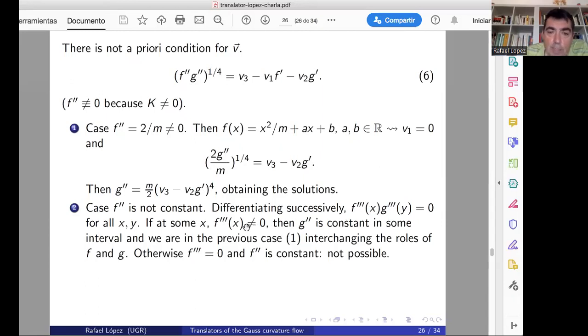If at some point of x this function is not 0, then the other function is 0, and then g'' is constant, which is the previous case. And if this number is 0, then you have the previous case too. I mean, this case is not possible. This is the case when alpha is 1/4.